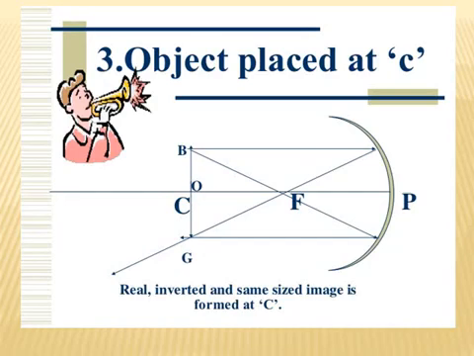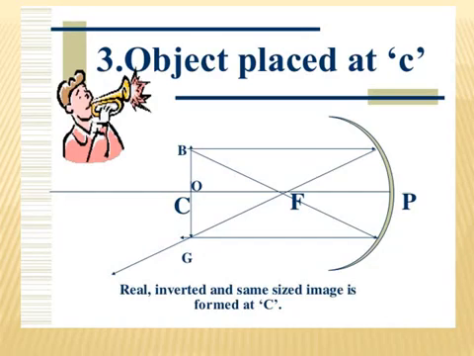Second ray diagram, let it pass through F. Rule number 2: any ray which passes through the principal focus is reflected parallel to the principal axis. So these are the two rays. Now see where these two rays intersect or meet. They will exactly meet at the point C below.